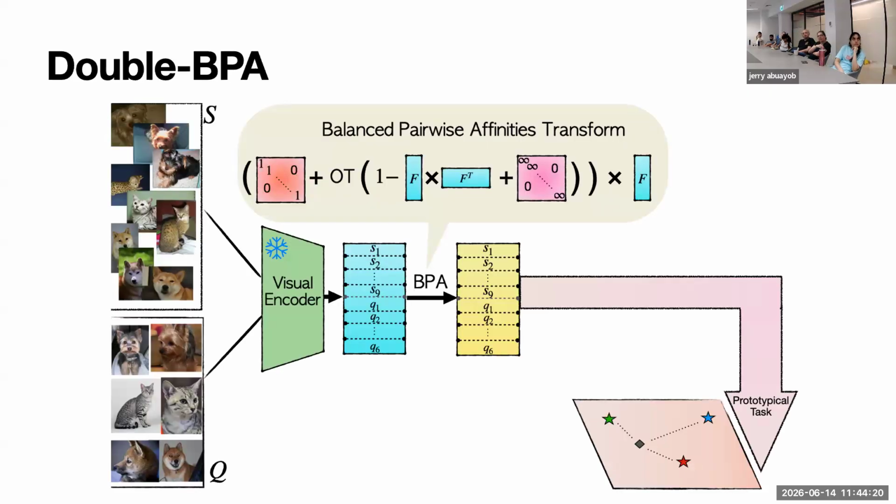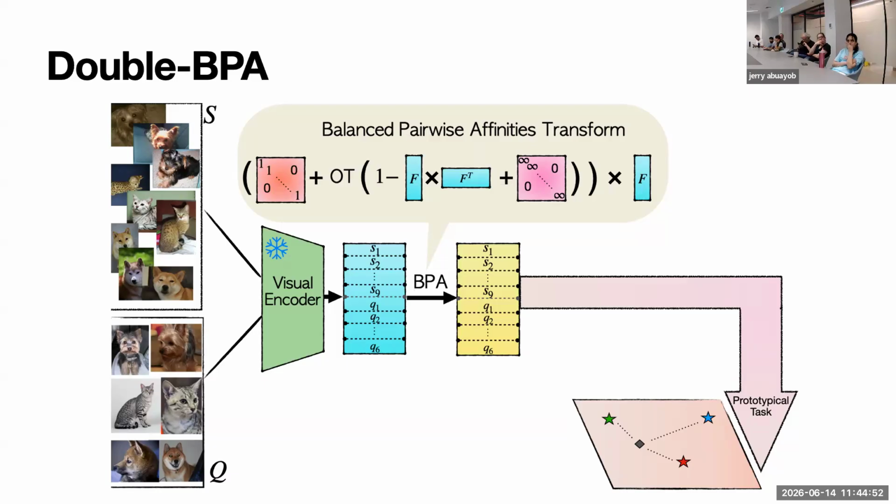Okay, so I'm going to talk about our method, how we tackle this problem. I will talk about the BPA transform in more detail in a few slides, but let's just assume that we know what BPA is. This is our setting: a three-way task with two queries from each class, and we have to classify these queries.